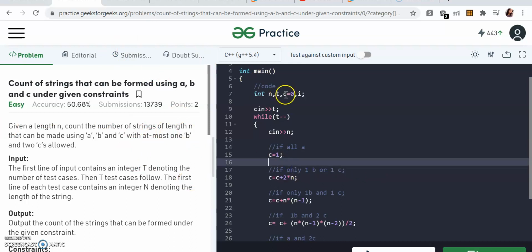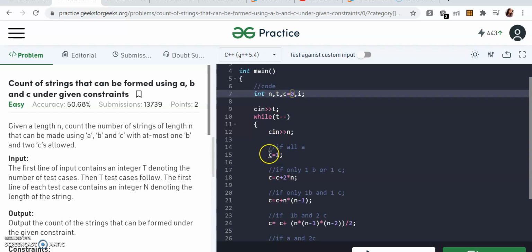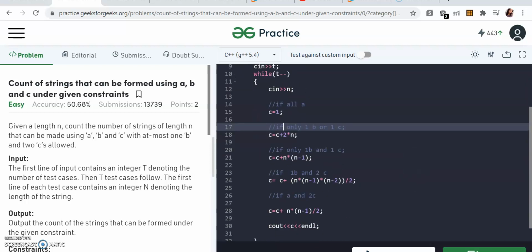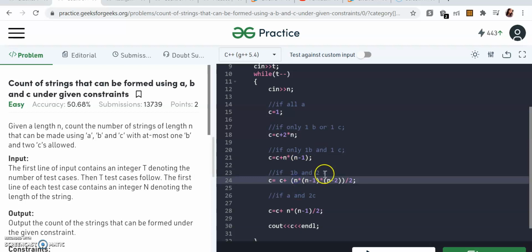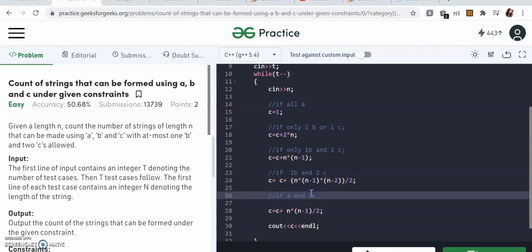See, I have initially taken a count which is 0. For all A, I have initialized it to 1. Then if it's 1B or 1C, it will be initial count plus 2 into n. Then if it's 1B and 1C, that means, see, this was OR and this is AND, it will be n into n minus 1. 1B and 2C, we'll have this because we are fixing 3 characters, right?